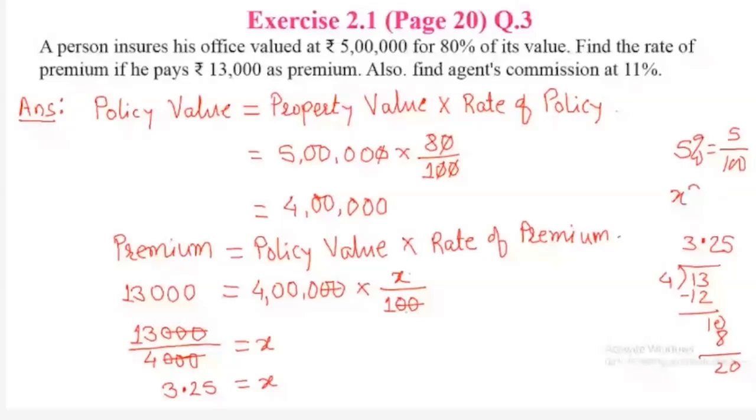So now I'm taking it as X percentage. Right now I'm assuming the rate as X percentage. What do you mean by X percentage? X percentage means X upon 100. चाहिए तो लिख ले इधर. Let the rate of premium be X percentage.